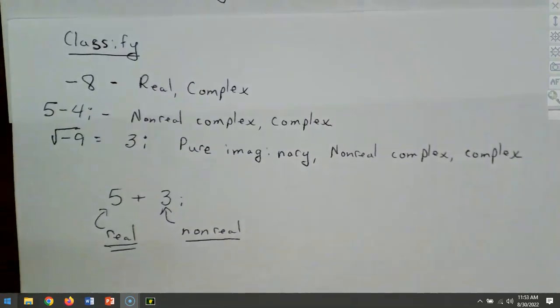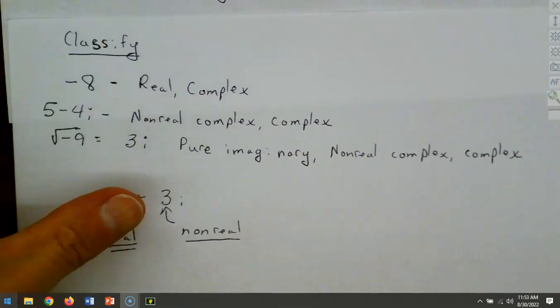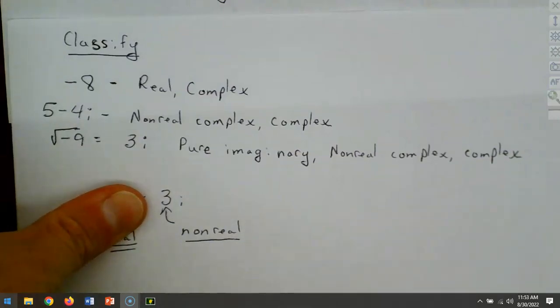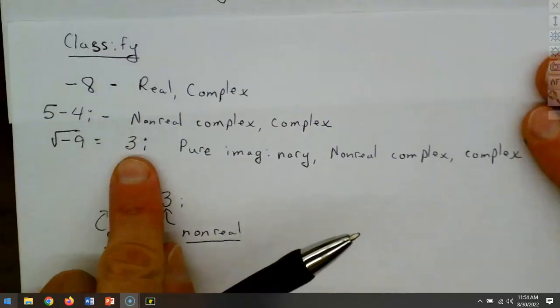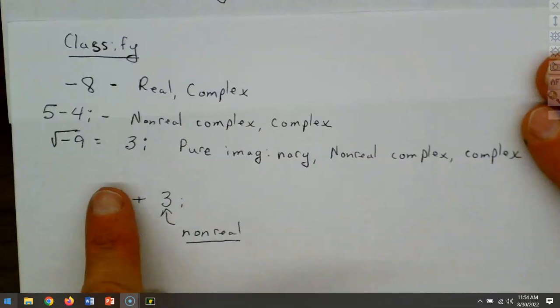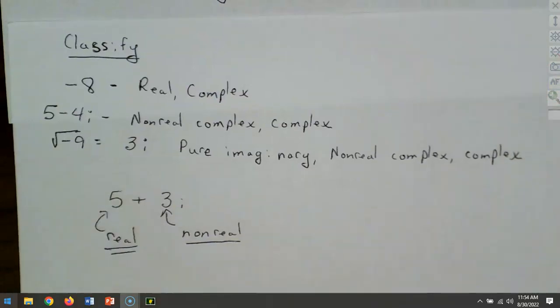Now, when it only has a non-real part, then it's pure imaginary, because there's no real part. So like 3i, there's no number in front of it. There's no real part, right? So it's pure imaginary. And then it's also non-real complex and complex on top of that.